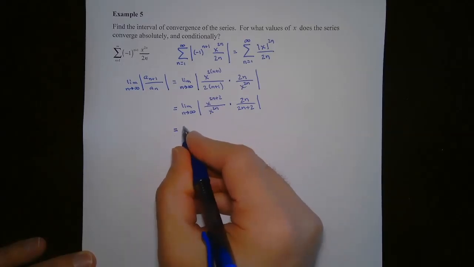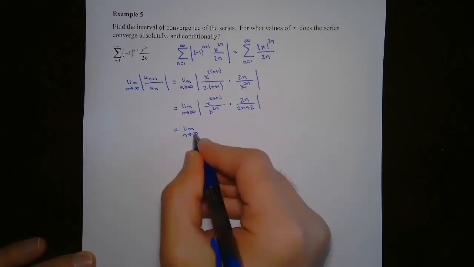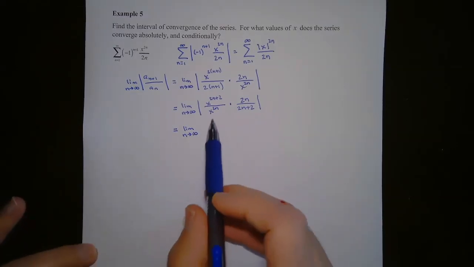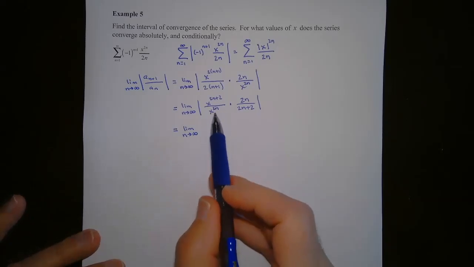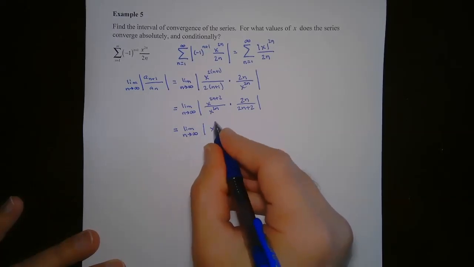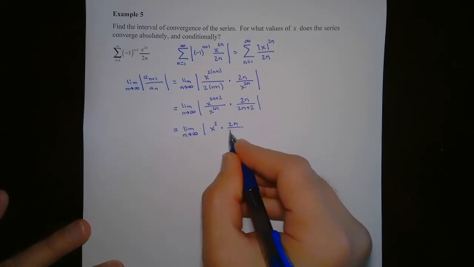So this is the limit as n goes to infinity of, okay, and this would be x squared because we have x to the 2n plus 2 minus the 2n. So that'd be x squared. So absolute value of x squared times 2n over 2n plus 2.